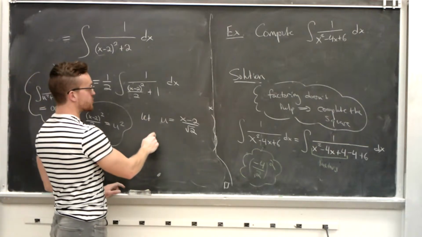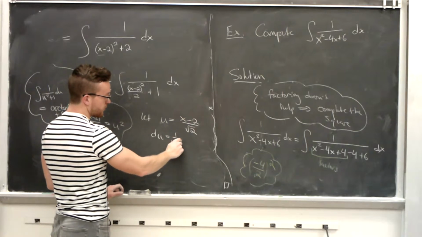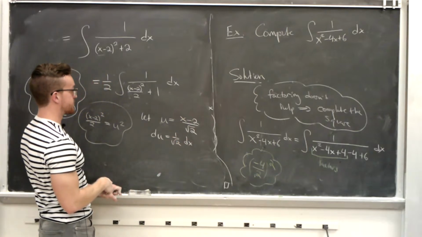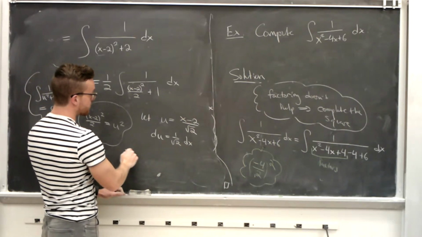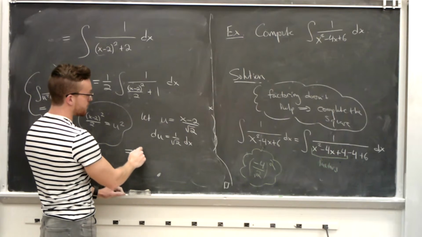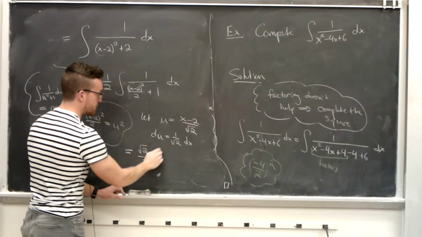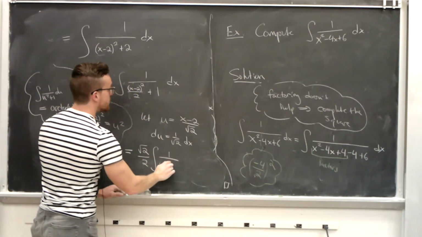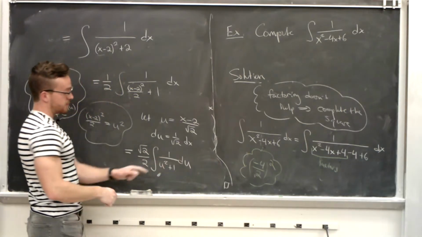Then we're in the home stretch. Du is going to be 1 over root 2 dx. So dx is root 2 times du. So I'll get a factor of root 2 out front. Integral of 1 over u squared plus 1 du. Ding, ding, ding.